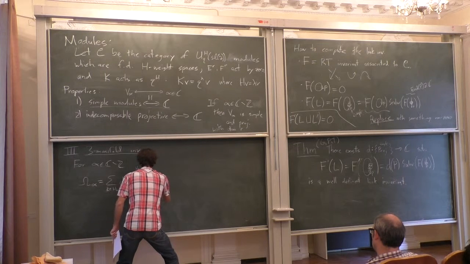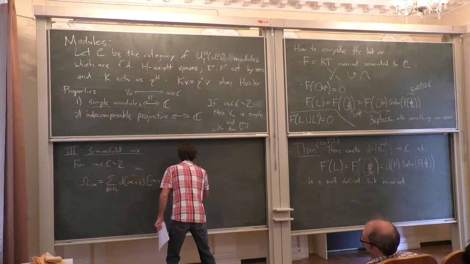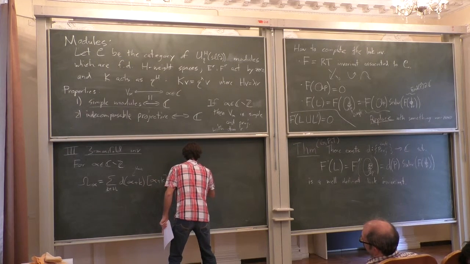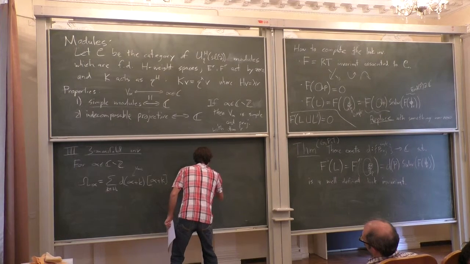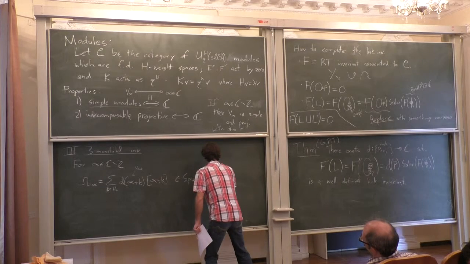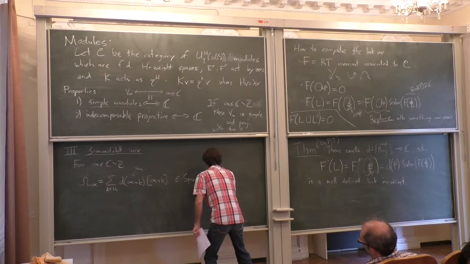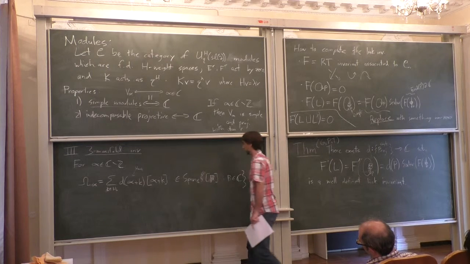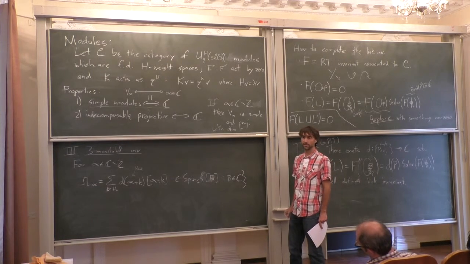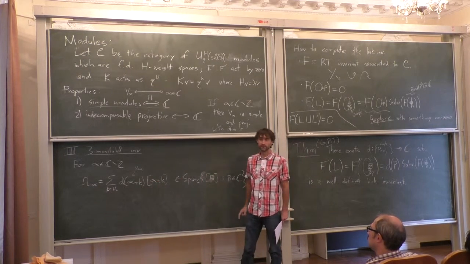And I take alpha plus K, where this is in the C-span of formal combinations of, so I just take these formal linear combinations, kept track of by complex numbers, and I weight them with this D.